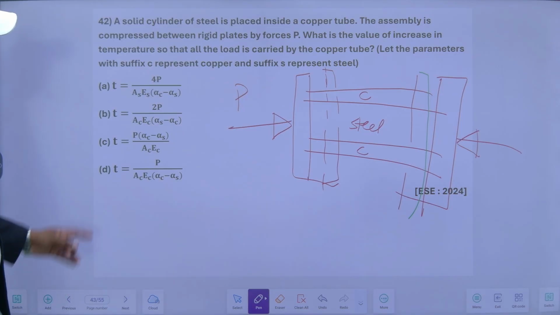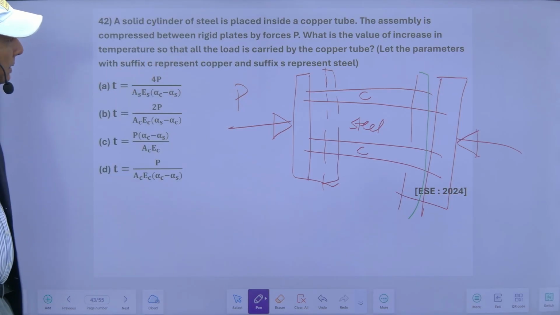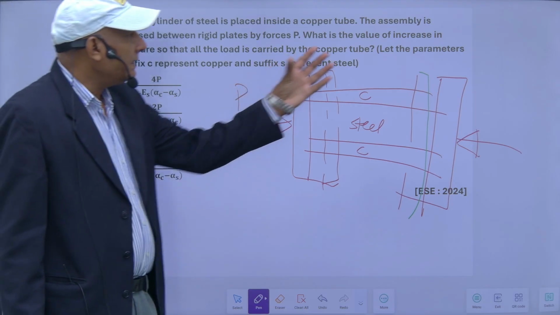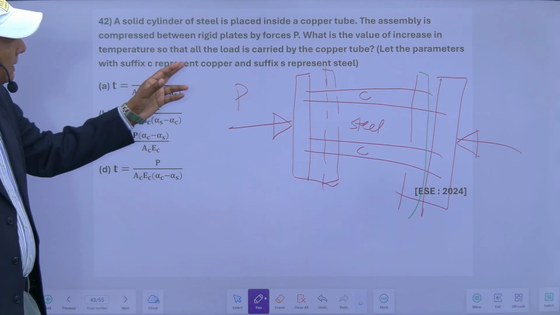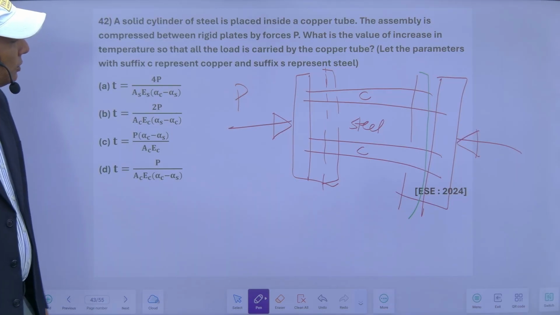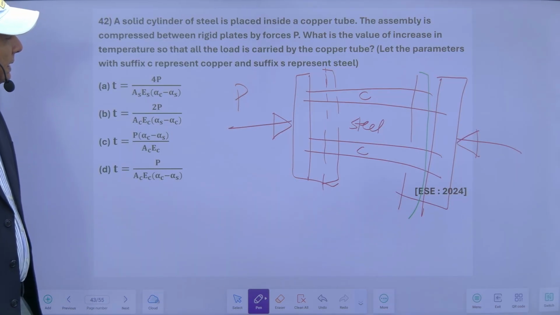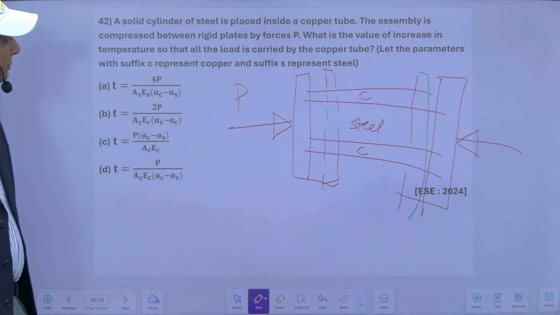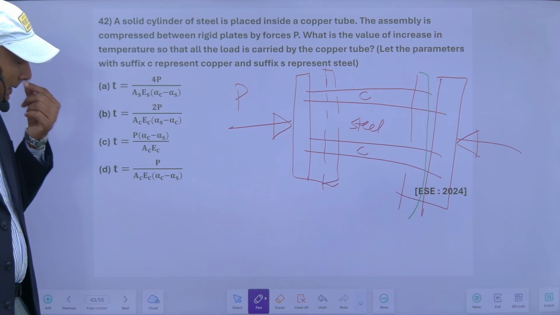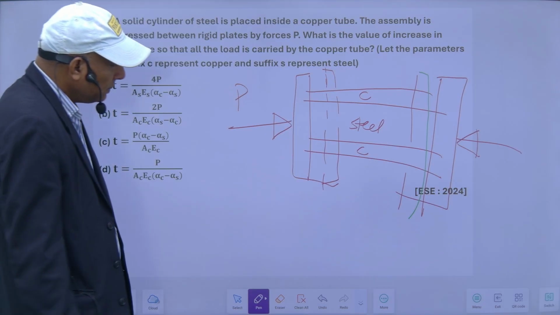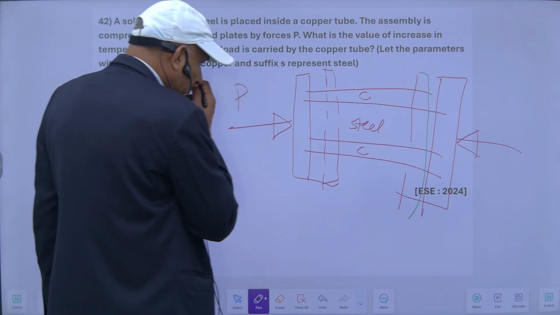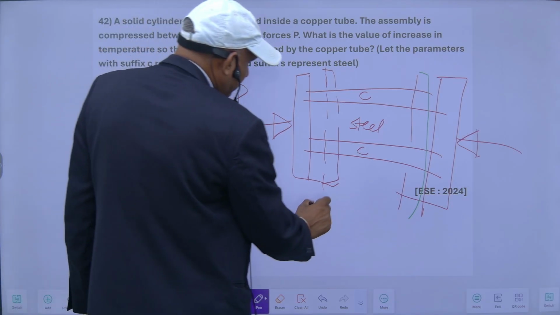And what is the value of the increase in temperature? Show that all the load is carried by the copper tube. What is the increase in temperature? Suppose in this case, this is the case here.